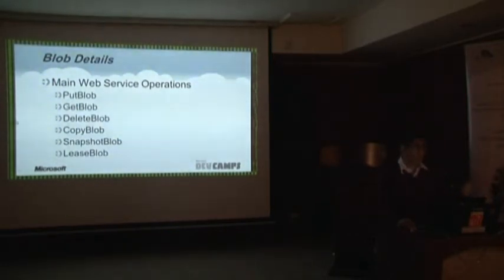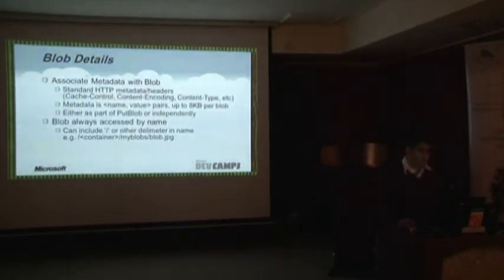So at any point of time you want to revert back to a snapshot, you can easily do that. You can associate metadata with a blob. For example, I have a phone application, I want to take a picture and upload it to my blob. But with that I want to store the geo coordinates, or whatever information I would like for that particular place I took the photo, I can add metadata.